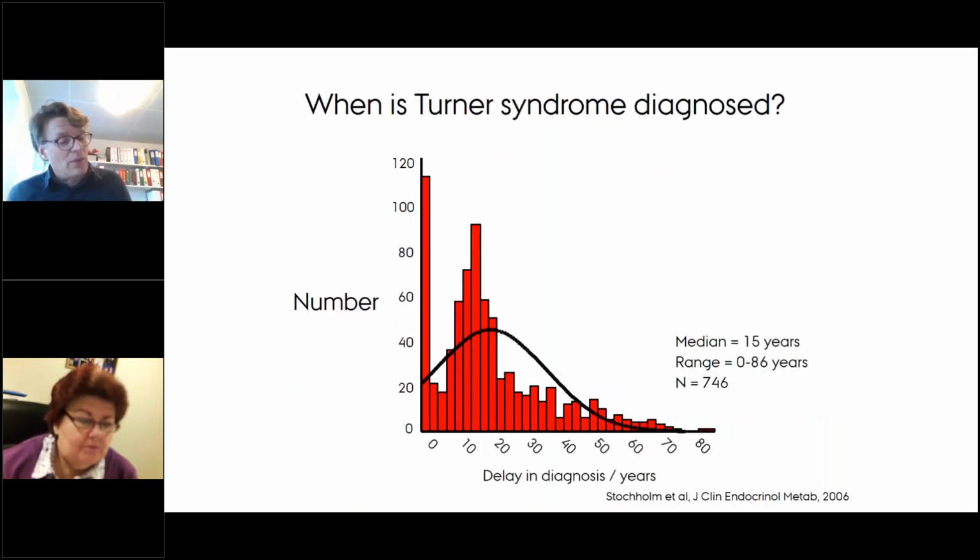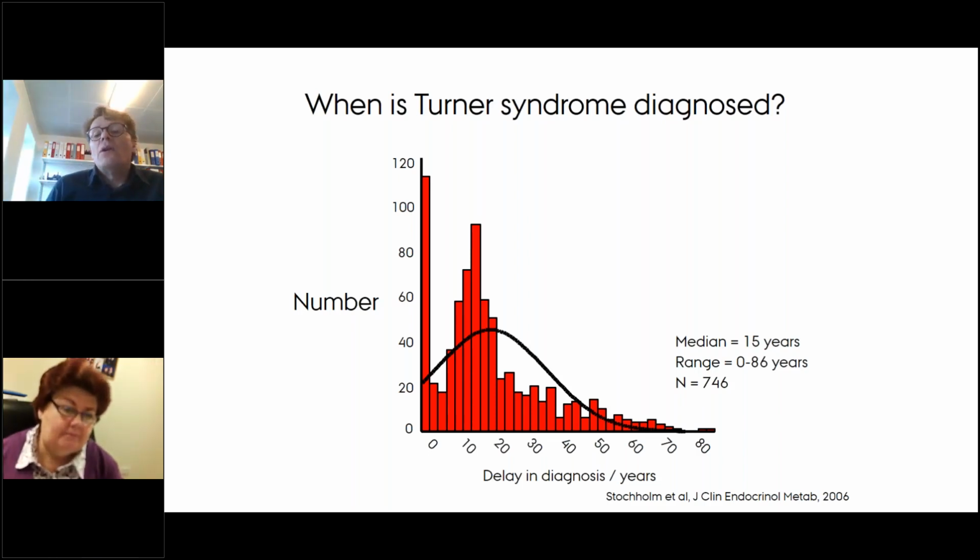And then we also have to talk about diagnosis, because even though most, especially perhaps pediatricians, think that the diagnosis of Turner syndrome is easy, it is really not so. These are Danish data, but there are also Swedish data to show the same, namely that even though many think that Turner syndrome females are diagnosed already in childhood, this is not the case.